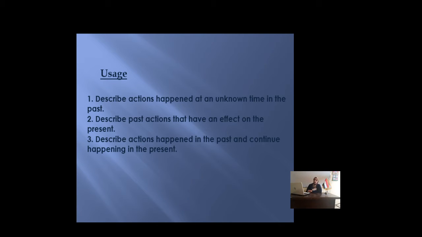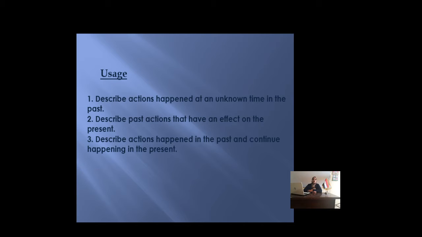We use this tense to describe actions that happened at an unknown time in the past. What does it mean? For example, if I broke my hand, I don't know the specific time that I broke it. So that's why I use the present perfect tense.